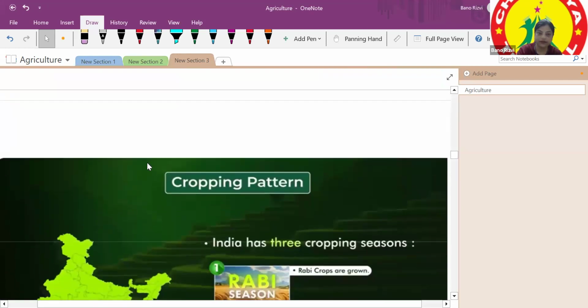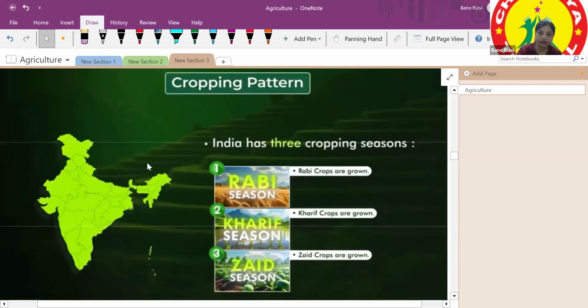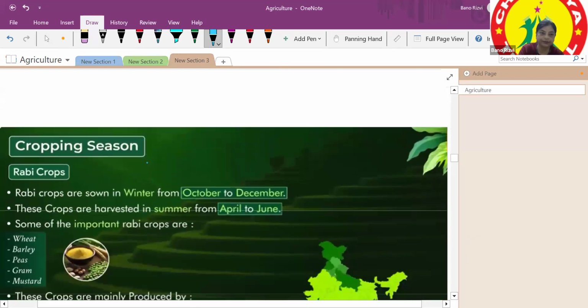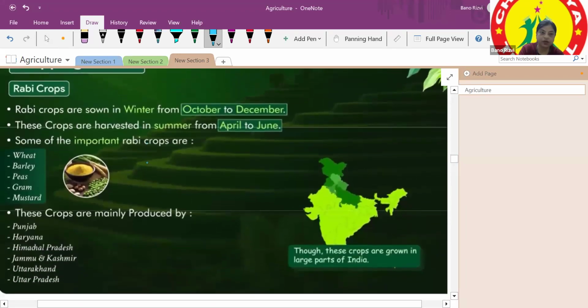We are going to study mainly the three cropping patterns in India: the Rabi season, the Kharif season, and the Zaid season. Rabi crops, Kharif crops, and Zaid crops are grown in their respective seasons. We are going to study in detail about them. First, we will go for the Rabi crops.